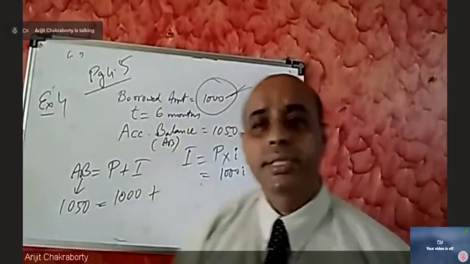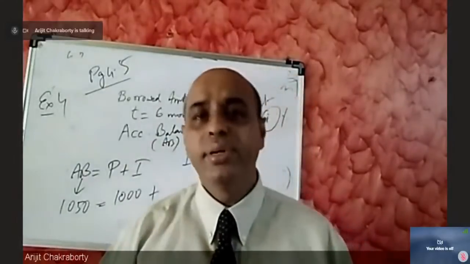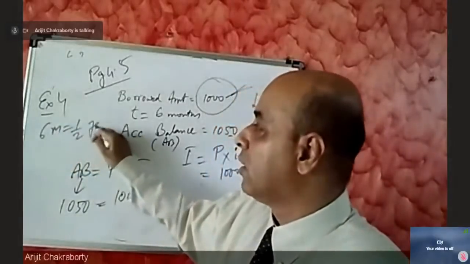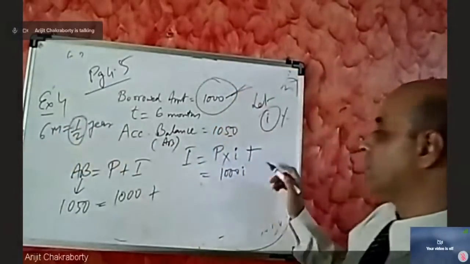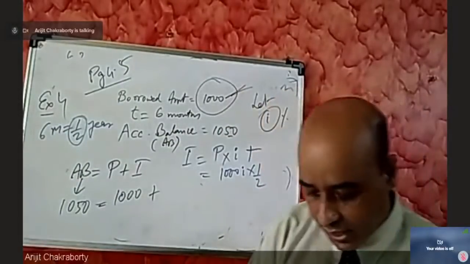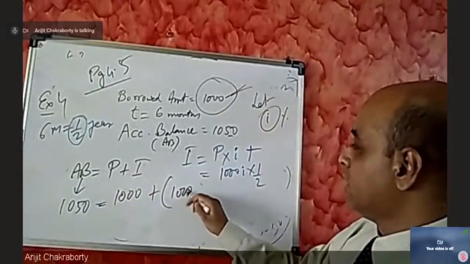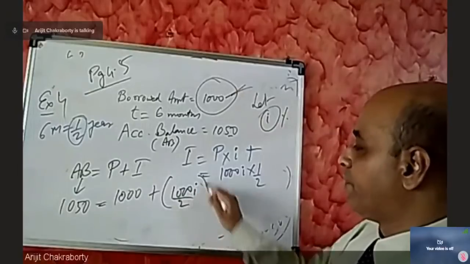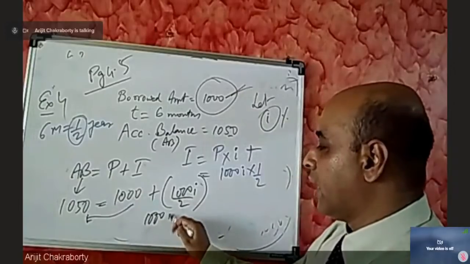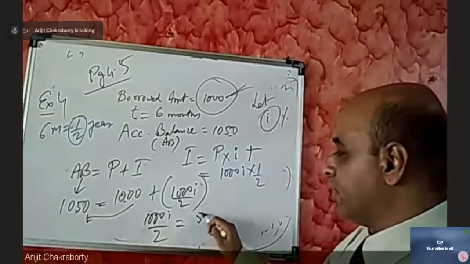Now please note 6 months means how much? Half year. So 6 months means half of a year. So we will write I into half. Right. So what do we get? We get principal is here. Interest we put this 1000 I by 2. So if you subtract, what do we get? 1000 I by 2 gives you 1050 minus 1000, that is 50.